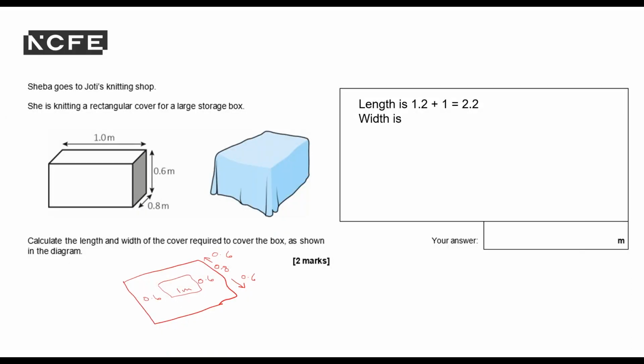And my width is 0.8 plus 0.6 plus 0.6. So 0.8 plus 1.2, because 0.6 plus 0.6 is 1.2. And that's simply 2.